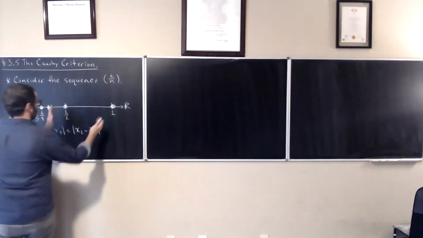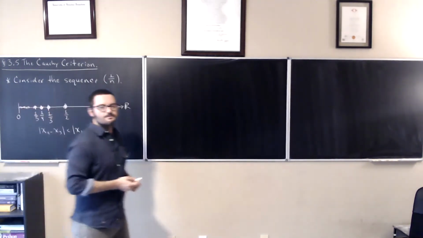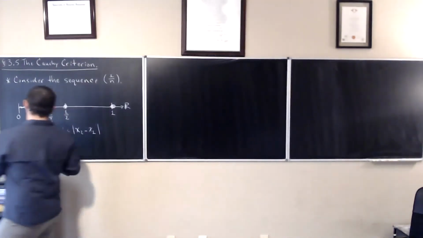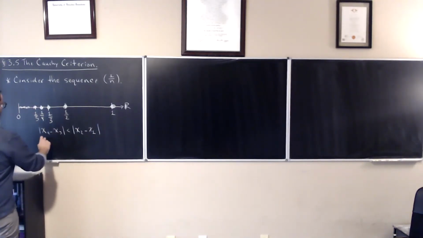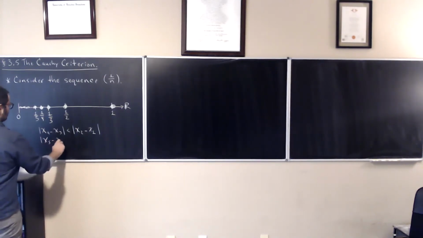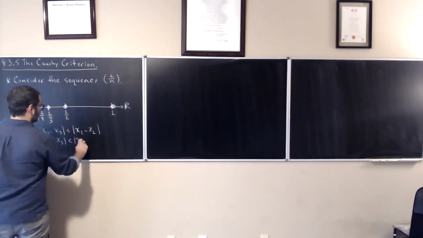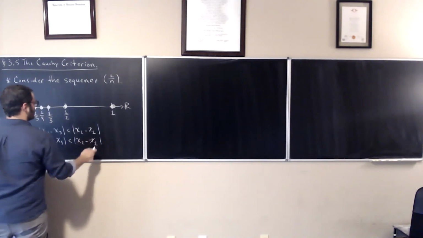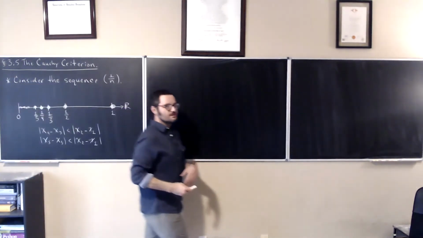Look, that's the distance there, and then look how much smaller the distance is. Now, it's also the case that the distance from x5 to x3 is also smaller than that distance, right? At least pictorially it is true.